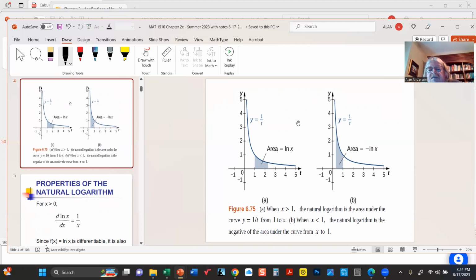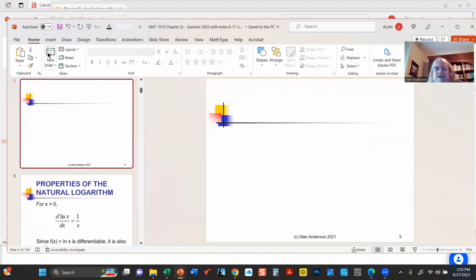Okay. So for example, let's say we choose 3 for x. Let me see if I can draw this properly.